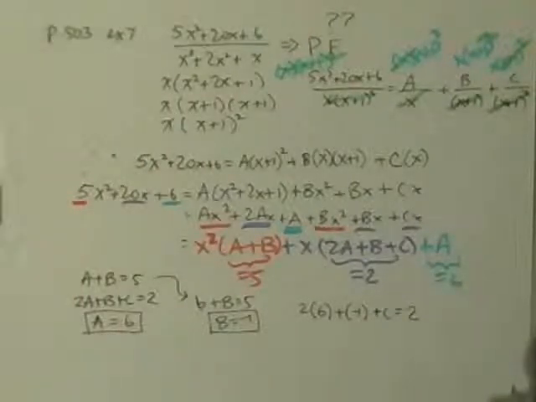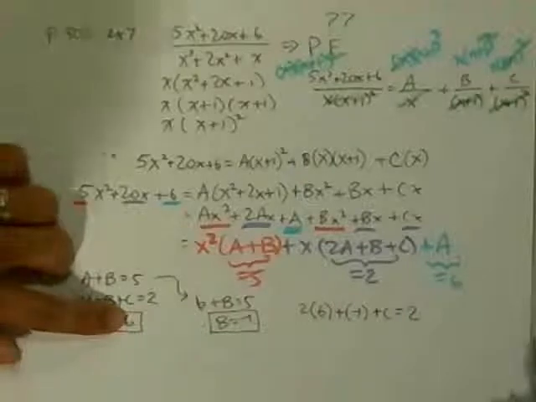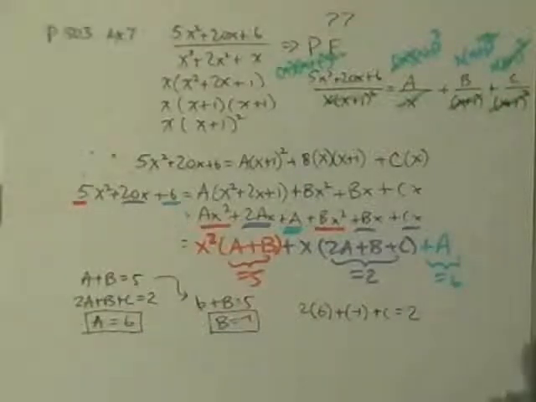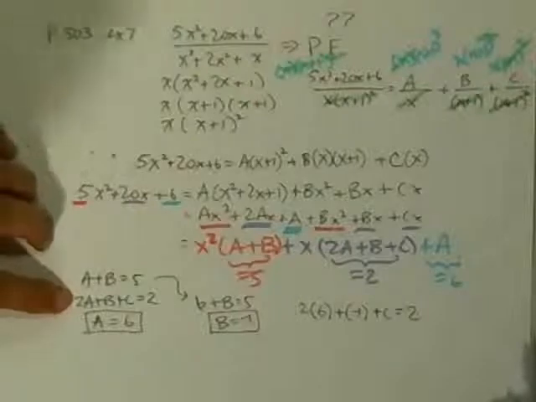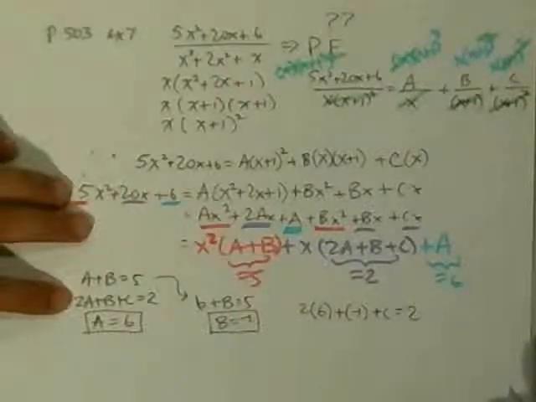Is that right? Let me see. I have 6 over x, okay, and then b is -1. Let's look at our c value. This is positive 9.